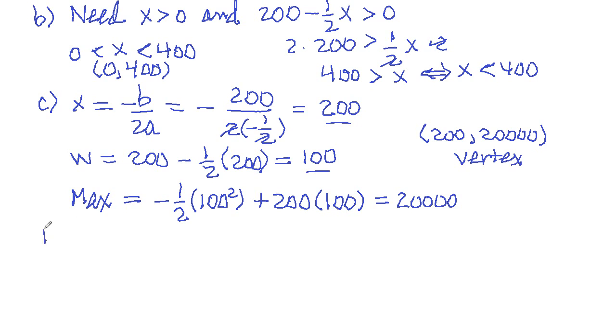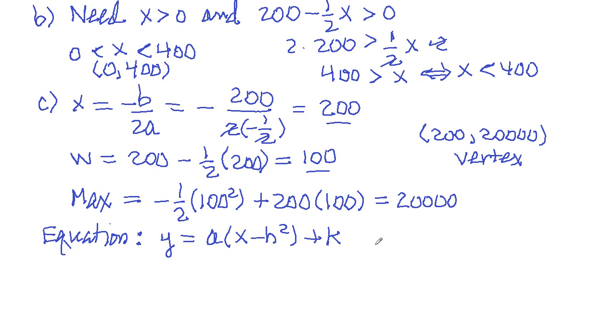So remember here that the general equation for a parabola is y equals a times x minus h squared plus k, where (h, k) is your vertex.